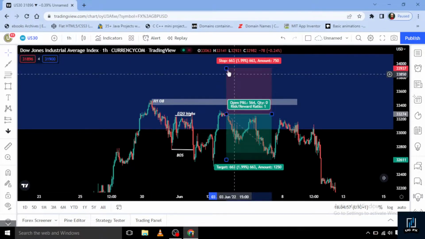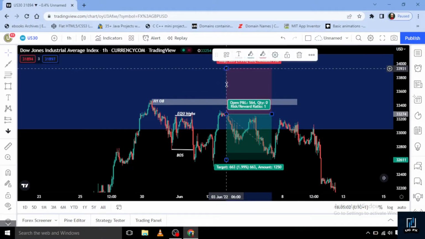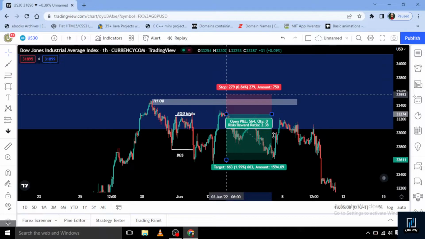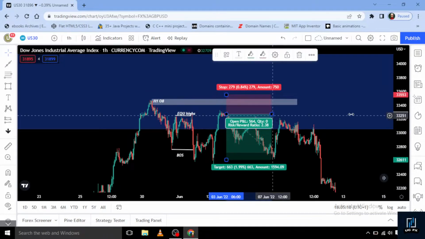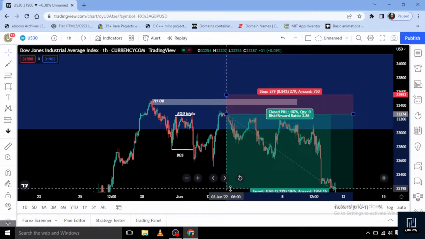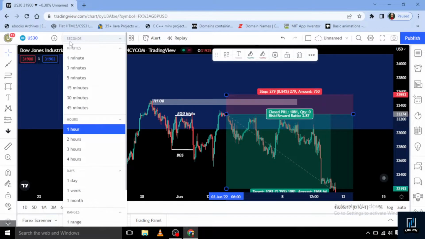So this is where you actually get your sniper entries. So you place your stop loss just slightly above the H1 time frame. Then you target all the way lower. So let's go back to the H4 and see how this actually worked out.